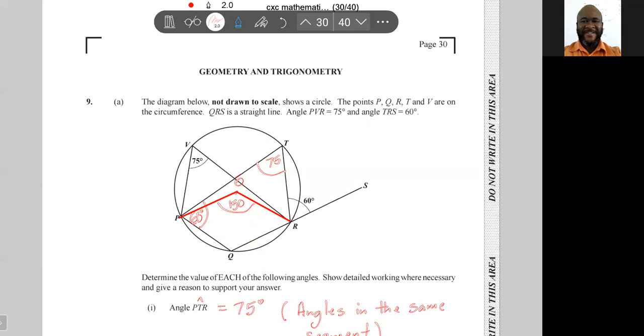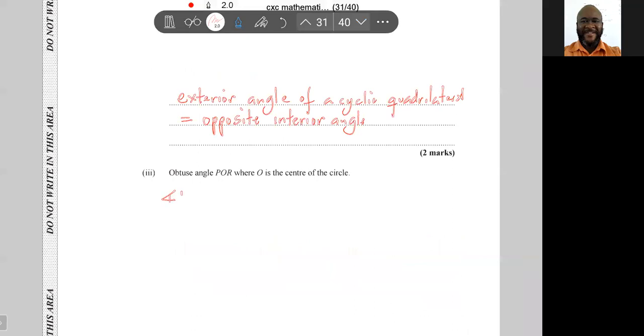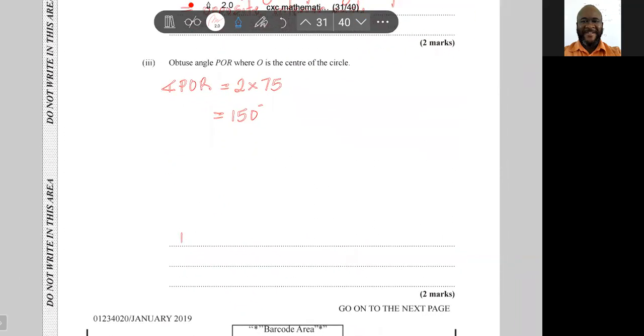So angle POR is equal to 2 times 75, which is 150 degrees. The reason: the angle at the center is equal to 2 times the angle at the circumference.